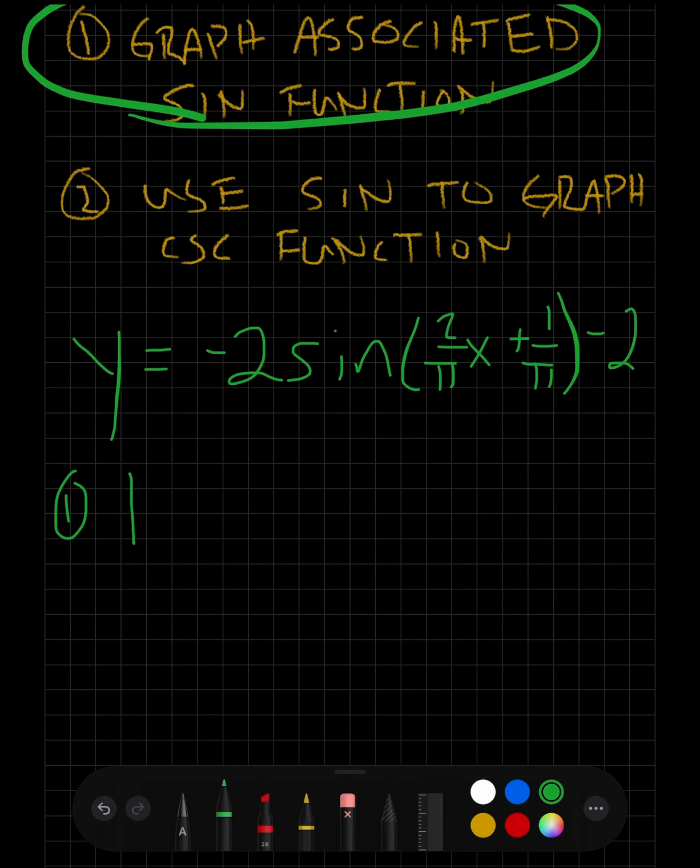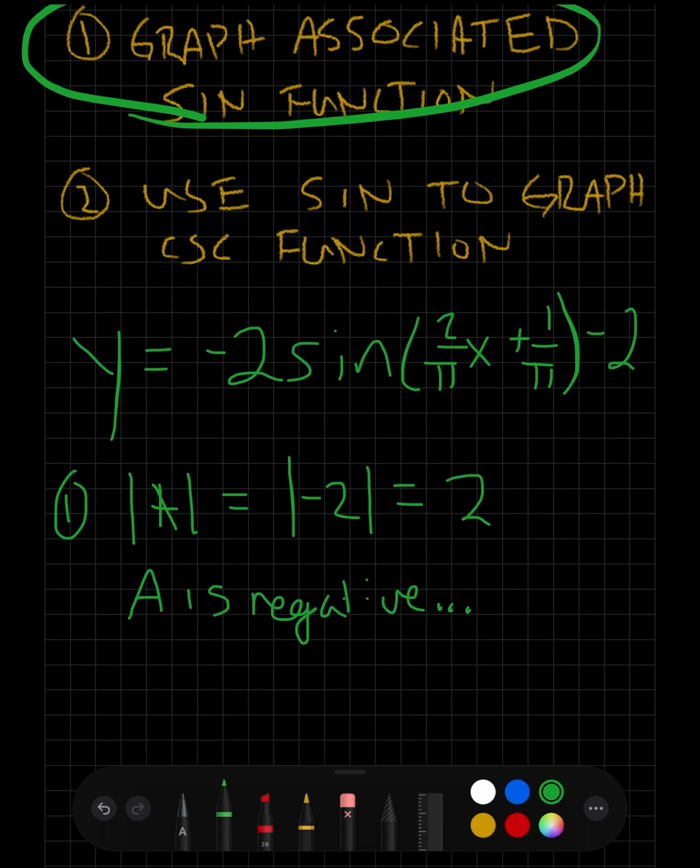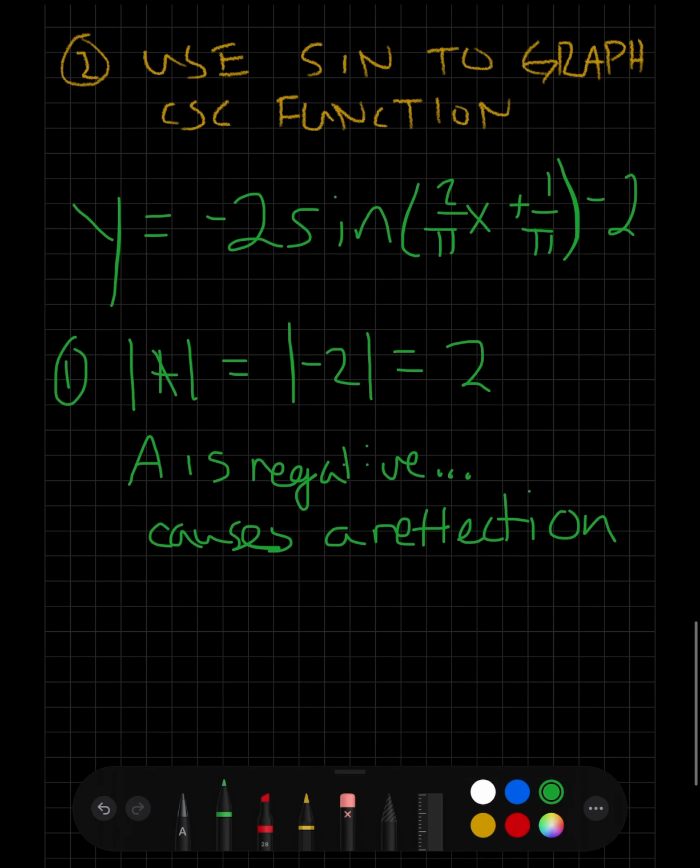First thing we want to do is identify our a. Here, my absolute value of a is equal to the absolute value of -2, which is 2. But remember, when a is negative, that's going to cause a reflection of our graph. So let's keep that in mind as we proceed.